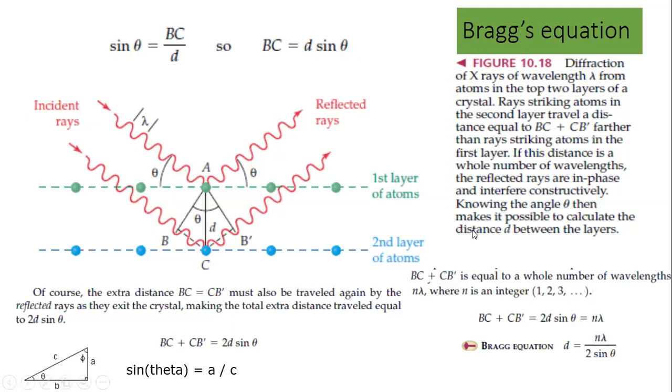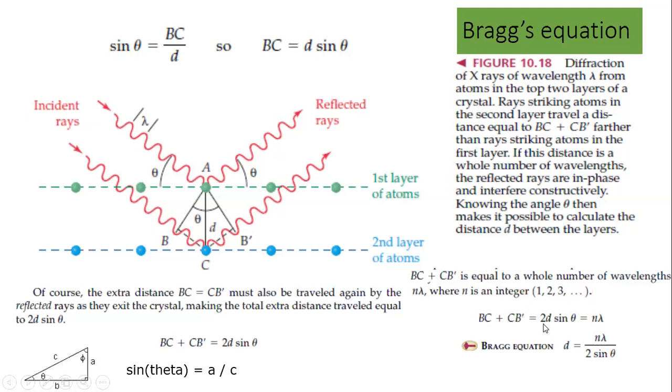So for constructive interference, the sum will happen only when it is equal to n lambda. So BC plus CB dash will be equal to n lambda. We have already derived that BC plus CB dash is equal to 2d sine theta, and I have explained that BC plus CB dash is equal to n lambda.